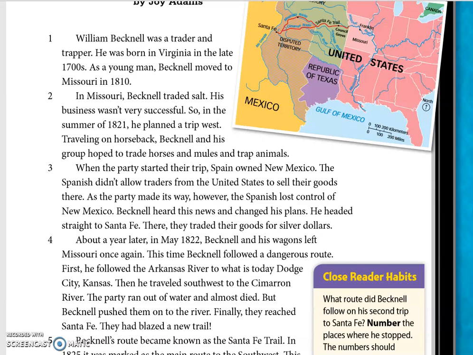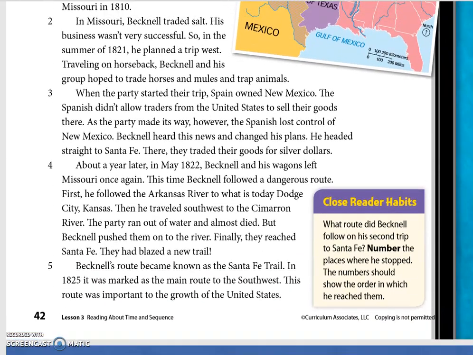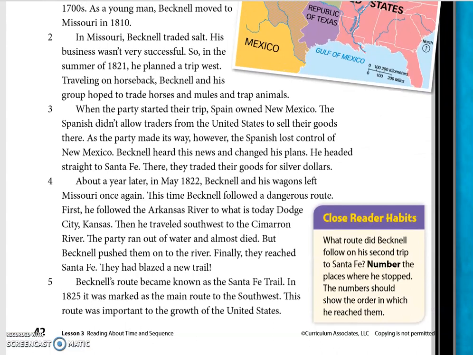They had blazed a new trail. Paragraph 5. Becknell's route became known as the Santa Fe Trail. In 1825, there's an important date, it was marked as the main route to the Southwest. This route was important to the growth of the United States.